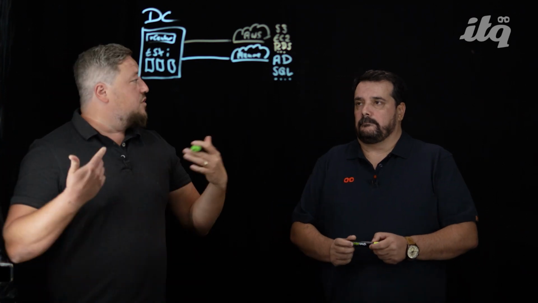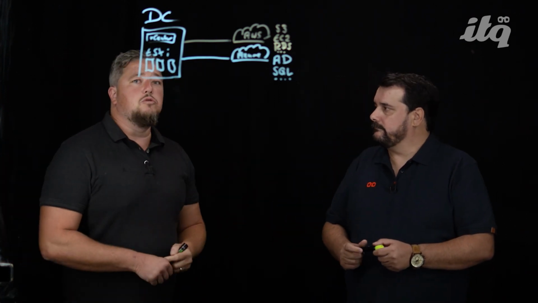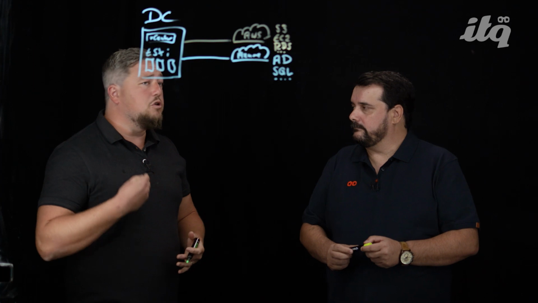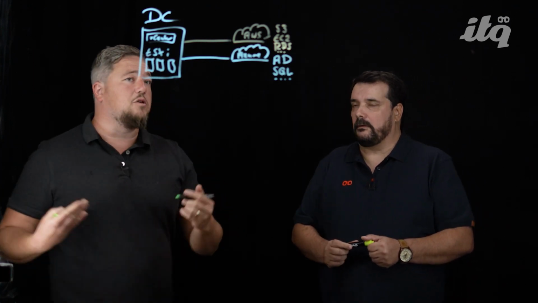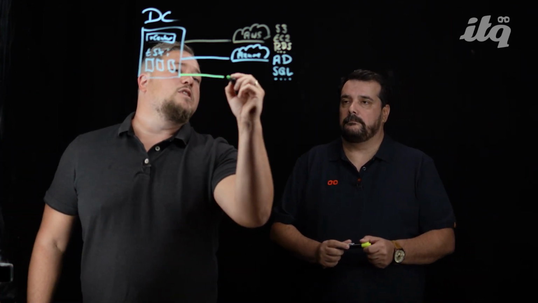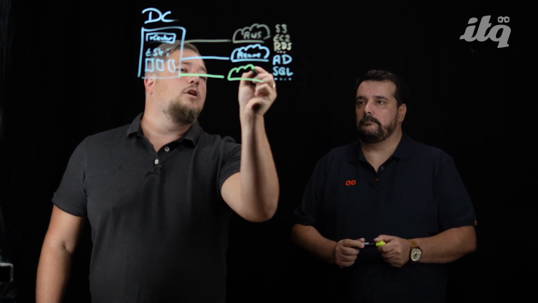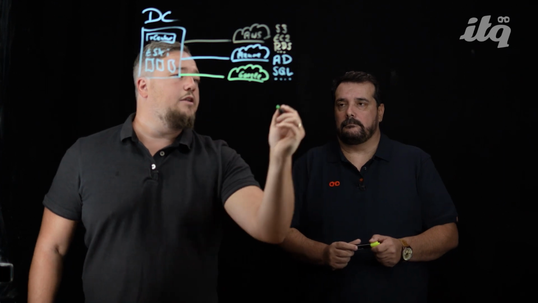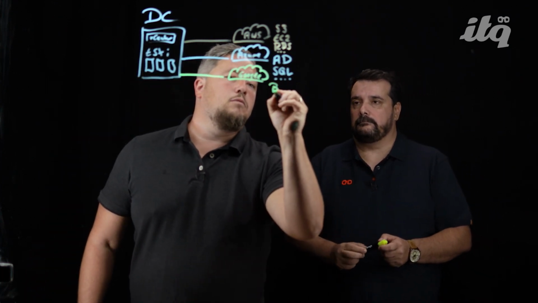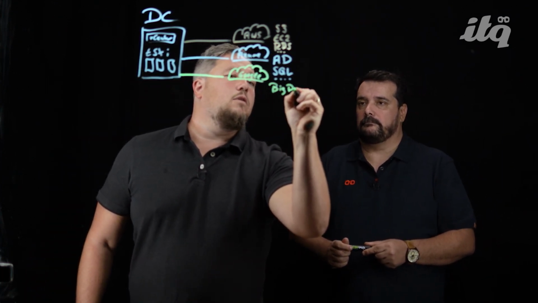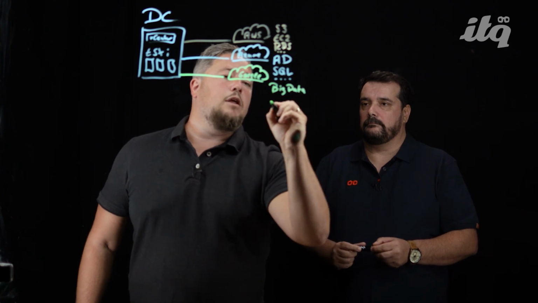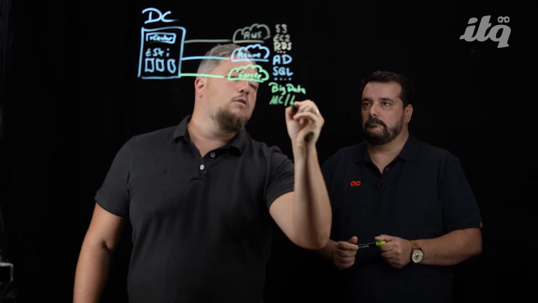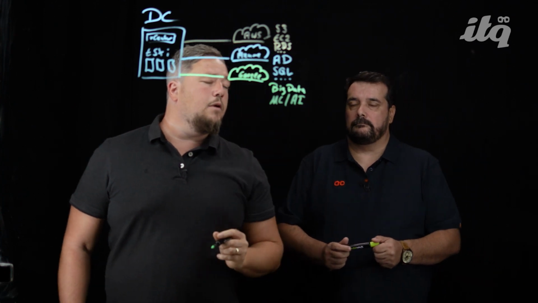And then a new requirement comes from the application side to maybe do some analytics, machine learning, big data, stuff like this. So quickly we will see a third cloud provider, in this case Google, right? So as said, big data, and then ML, AI, for example, right?